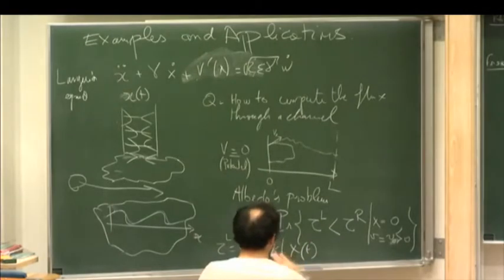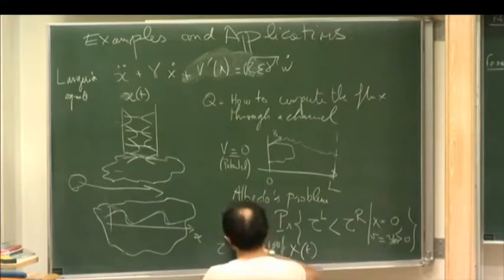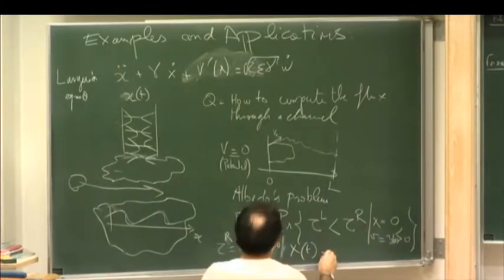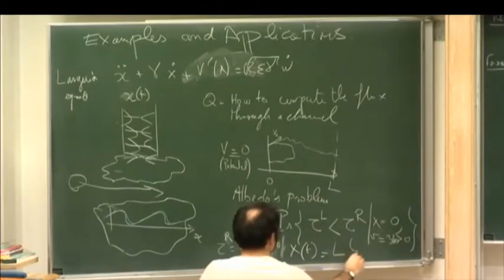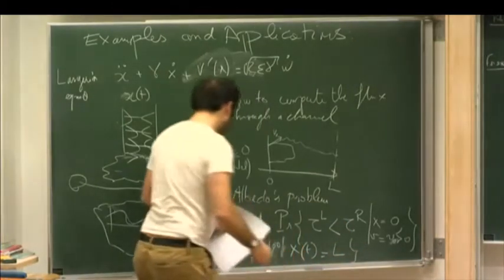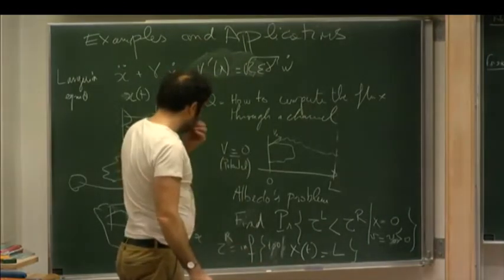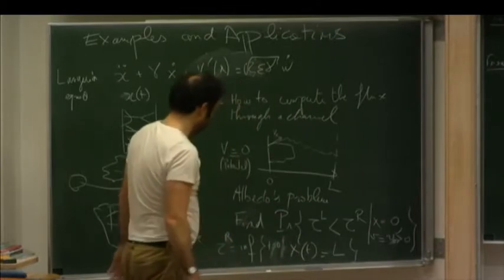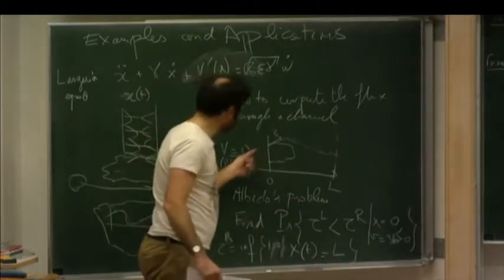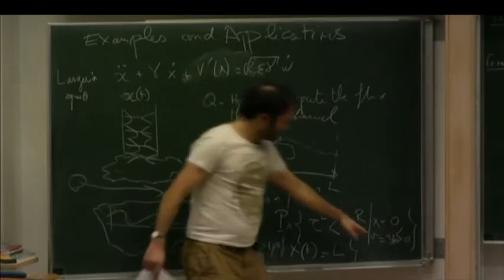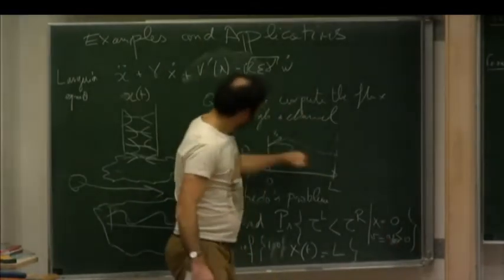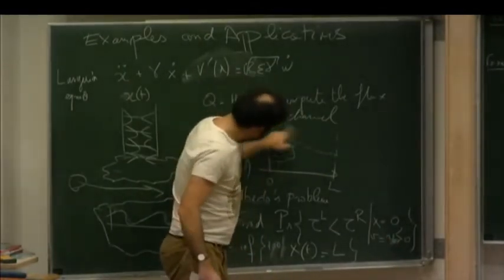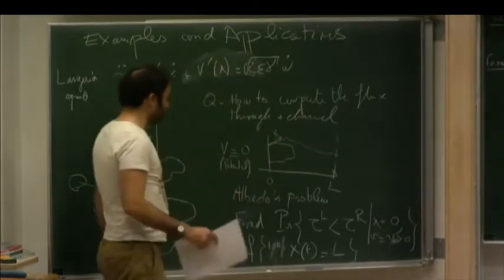So define right as the first time that x of t equals L, and t left is the first time that x of t equals 0, strictly positive. And you go with a strictly positive velocity so that if you come back, because you make a loop, you don't come back immediately.